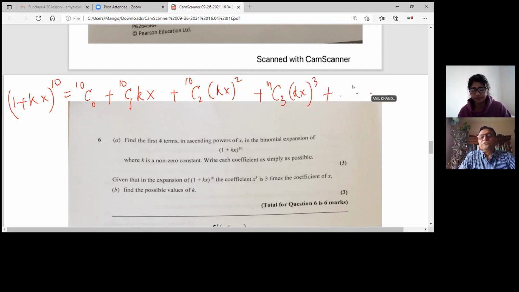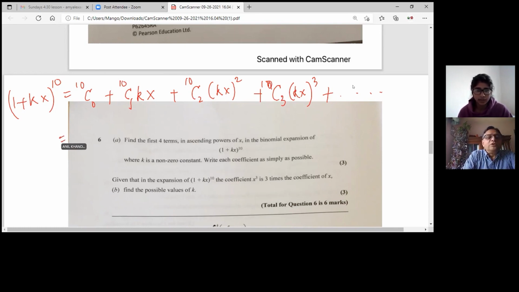So those further terms you neglect. It says find the first four terms in ascending powers of x in the binomial expansion where k is non-zero. Write each coefficient as simply as possible. Correct? So n is 10 for us. Let me write 10 here. Now you can calculate what is 10C0, 10C1, 10C2, and all those things. Correct? And C0 is 1, right? This is 10, correct?